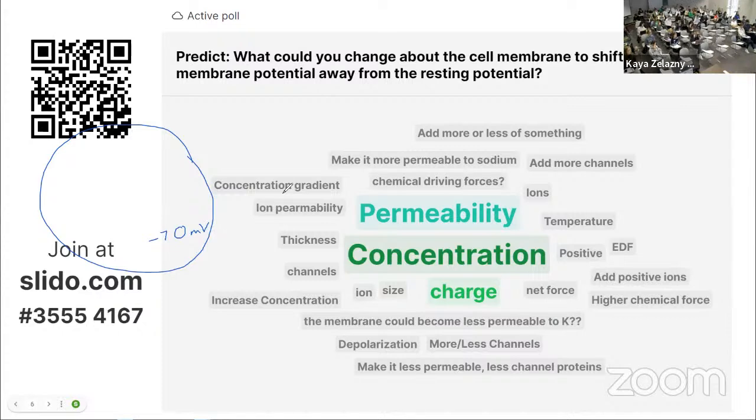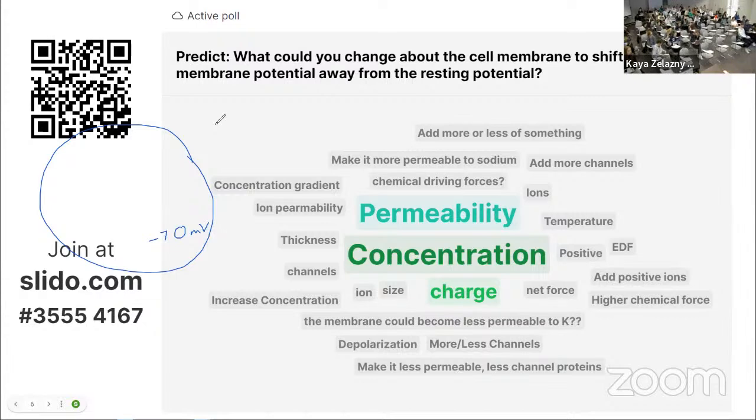Okay, so in order, concentration is biggest. It's not exactly what's going to happen in our situation, but it is true that if we change our concentration gradient across that membrane, right? If we suddenly remove that concentration gradient for sodium, and sodium has equal concentrations on either side of the cell, we wouldn't have a chemical driving force for sodium. We'd only have an electrical driving force.